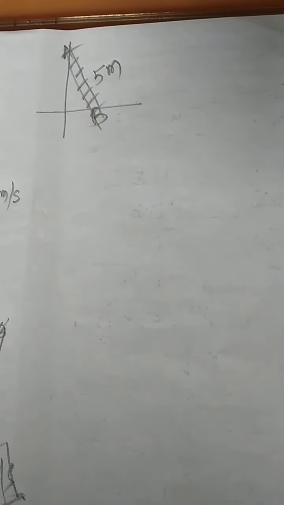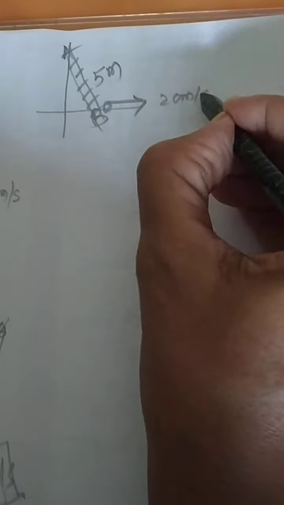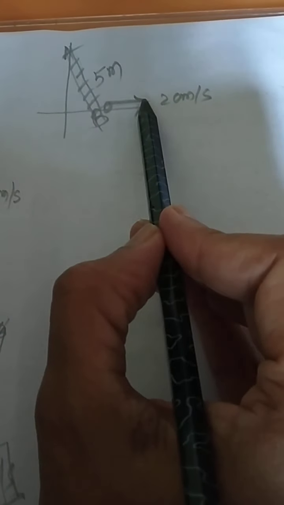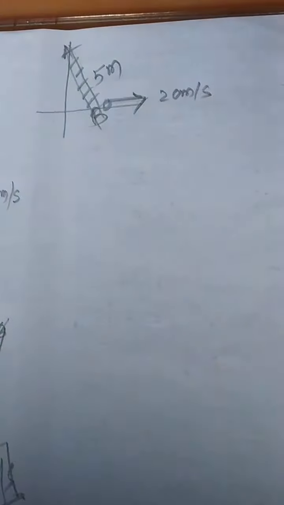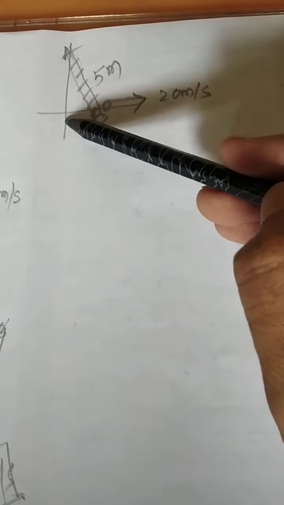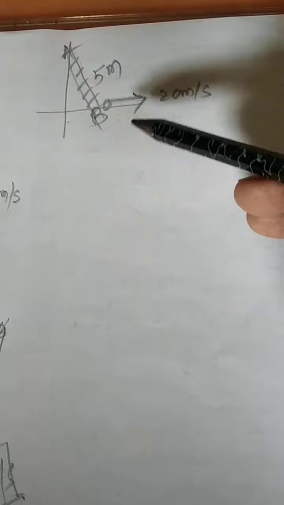The bottom of the ladder is pulled along the ground away from the wall at the rate of 2 centimeter per second. Suppose this is a ladder, it is leaning like this, and you are pulling here, so definitely this top will come down. The demand of the question is: how fast is the height on the wall decreasing when the foot is 4 meter away from the wall?